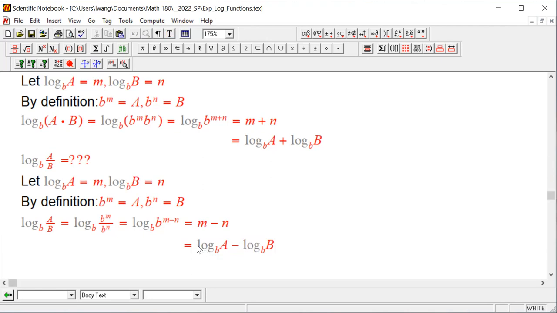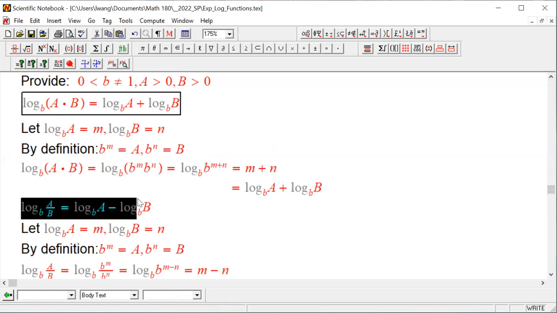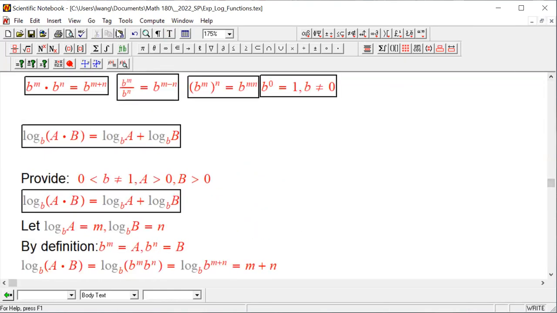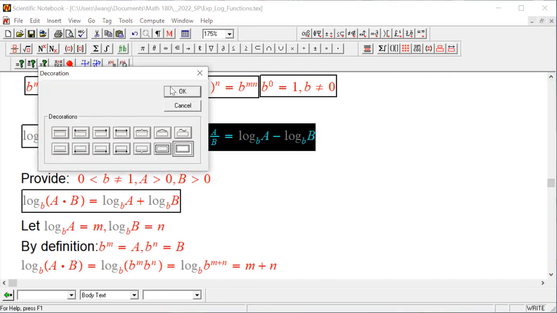Okay, so you can see we got these other two properties. And this second property, of course, corresponds to the subtraction of exponents.